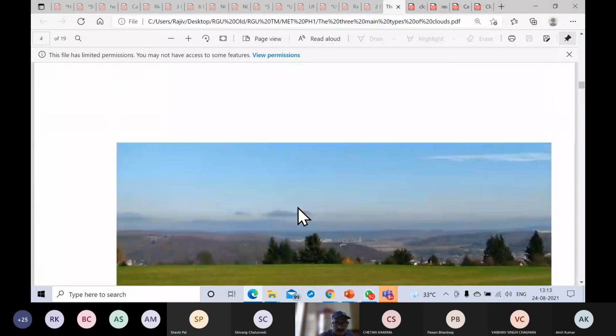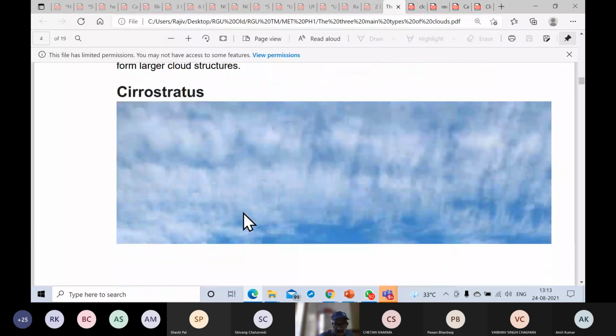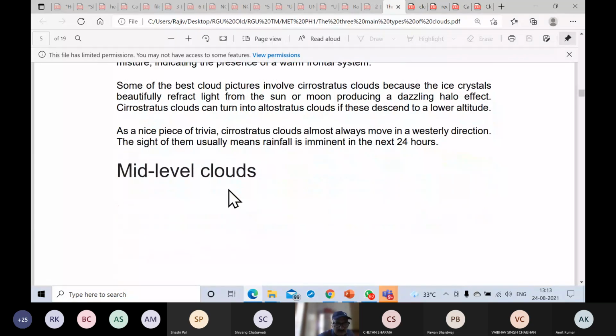And this is a high cloud. We have agreed we are talking about high clouds, right? Have a look at this. The sight of them usually means rainfall is imminent in the next 24 hours because they're going to move in a westerly direction and they're going to descend. Once they descend, they will turn into altostratus clouds.